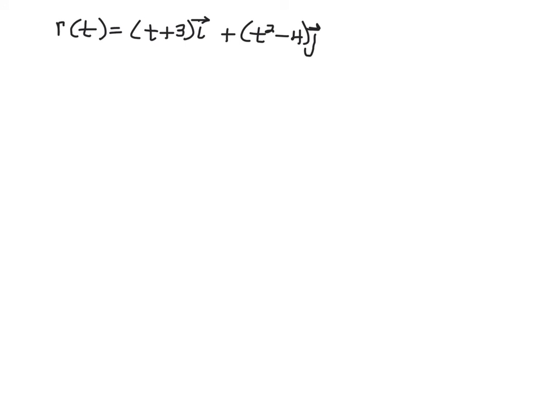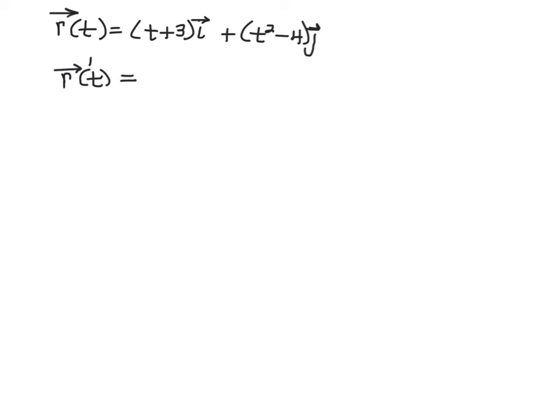So if we want to find r prime of t, or the derivative of r with respect to time, it's going to be the derivative of t plus 3 with respect to time, and the derivative of t, of course, is 1.